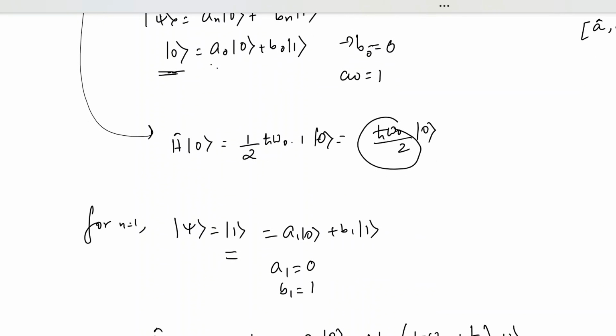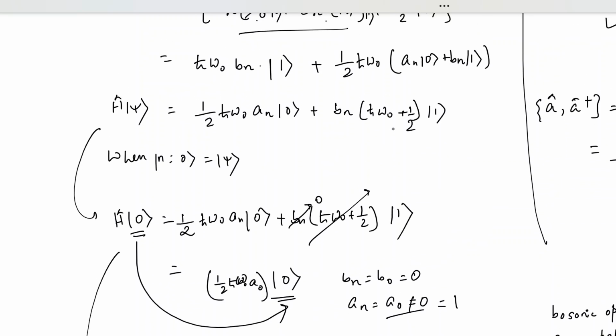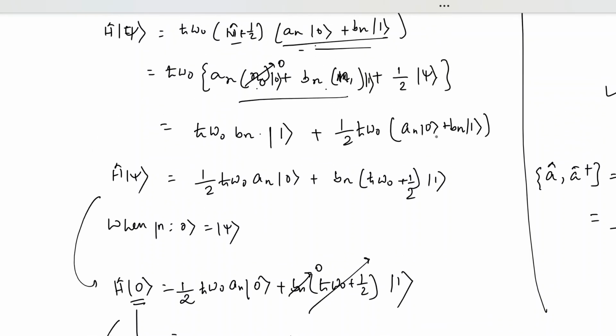Now because it is an eigenvalue equation and a_1 is also already 0, as we saw from the state, this is 0 plus b_1 times half plus 1. Actually ħω₀ comes common outside, so this is 3 by 2 ħω₀.